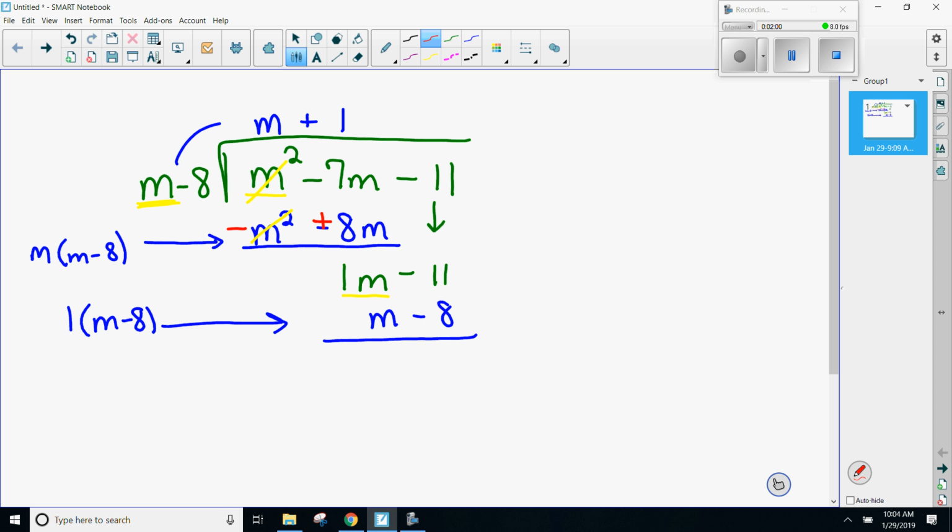You subtract it. So I'm going to subtract a negative 8, which means positive 8. So that means change your signs. The m's cancel, and you end up with negative 3. So that becomes minus 3 over m minus 8. You get your answer.